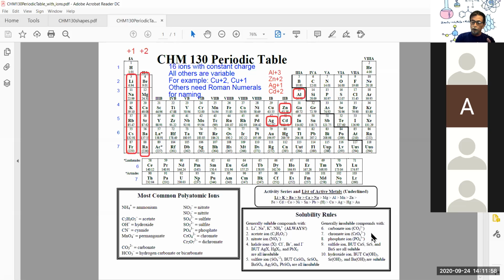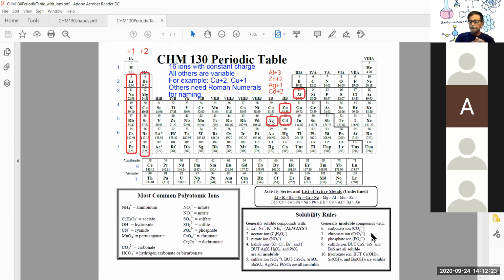Notice the NH4 plus in the top left of the box. Those are covalently bonded, but overall, because of the structure, they have a charge. They're ions, and some of them are soluble in water, but they have a charge. So we're going to write the Lewis dot structure for some of these polyatomic ions.